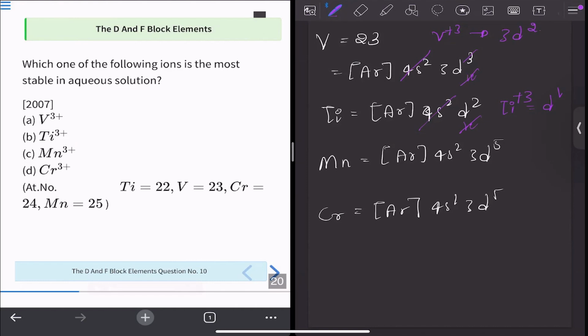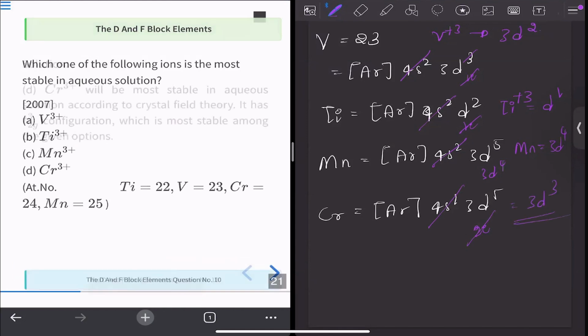In manganese, 4s2 is removed, and here one electron, so it will be 3d4. And in chromium, one electron is removed here, and two electrons are removed here, so it will have a 3d3 configuration.